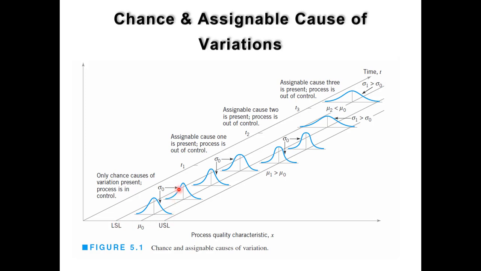The second distribution is basically the same, where the mean value for this sample set equals the process mean value, and all the data are distributed within the lower and upper specification limits. Similarly for the third data distribution.